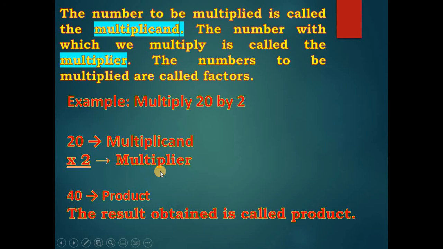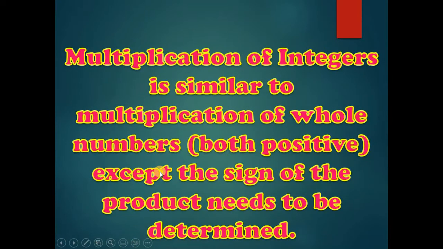Okay. So yan. So multiplication of integers is similar to multiplication of whole numbers. Both positive yon. So kapag tayo ay nagmo-multiply ng mga basic nung elementary kayo, like for example, 2 times 2 equals 4. So mas madali na lang.